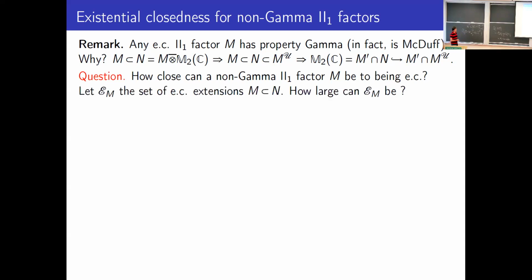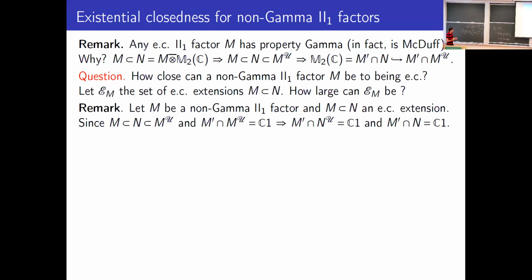Let me denote by EM the set of all existentially closed extensions. I'm looking at inclusions of M into larger II1 factors N which are existentially closed, meaning again that N can be realized as an intermediate subfactor in the ultrapower of M. And the question is, how large can this EM be? Again, this is still very vague.